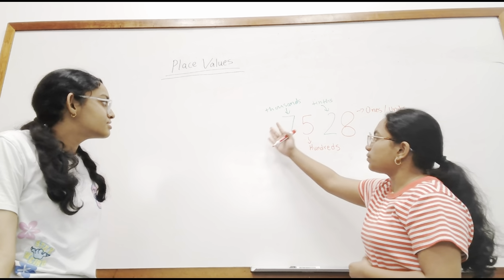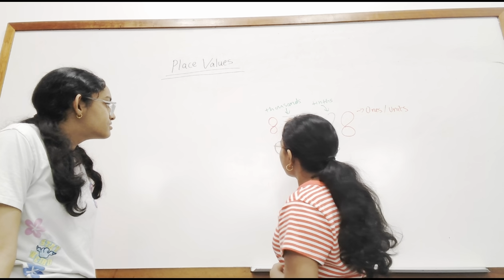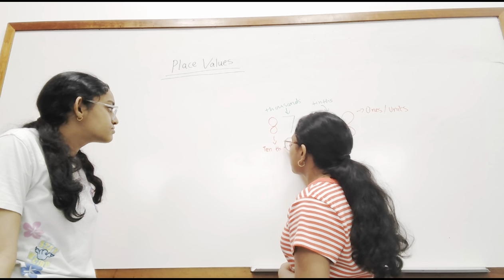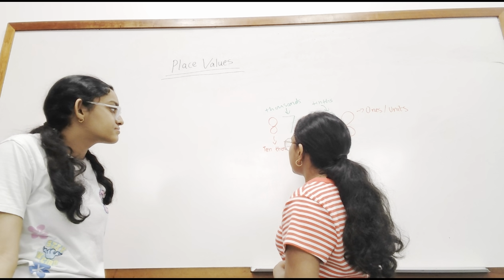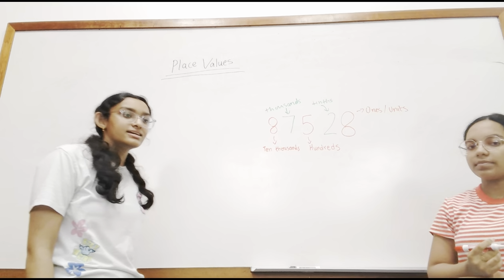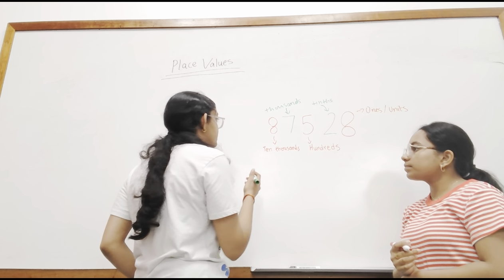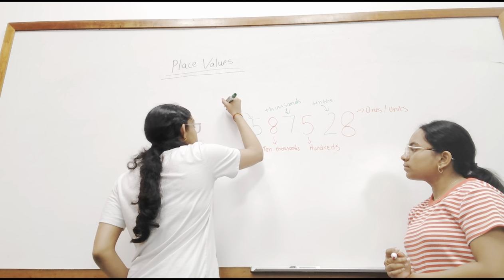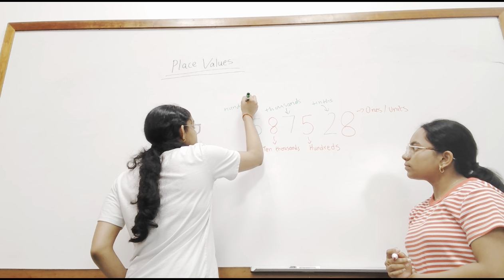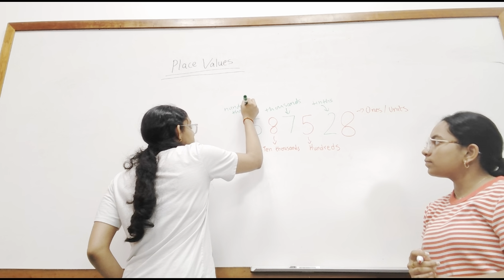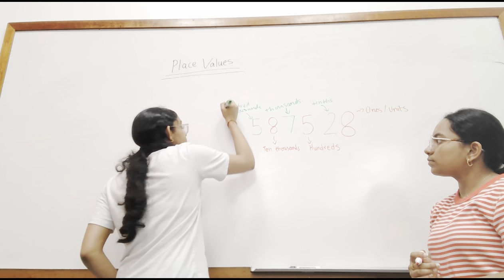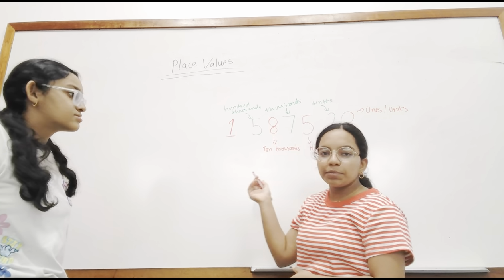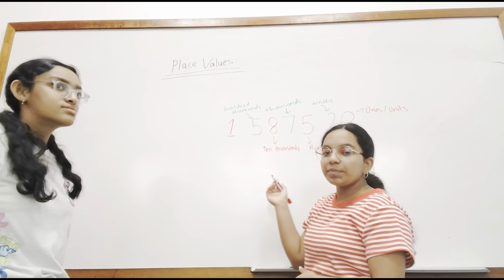And if we add something else in, that would be the 10,000 place. And then if we add something else in front of it, like a 5, that would be the 100,000 place. And in front of it, if we add another number, like 1, for example, now this is called the millions place.